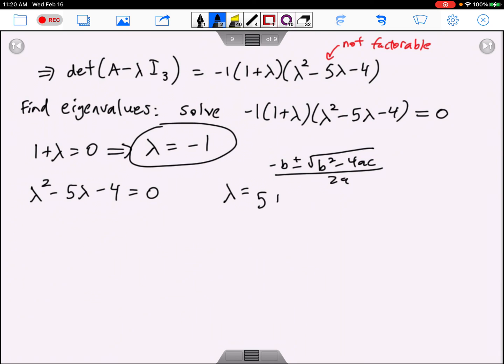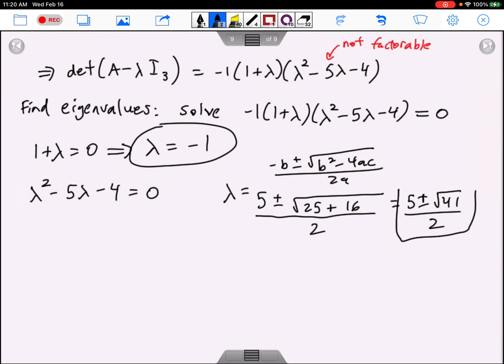So this is going to be 5 plus or minus the square root of b squared, so that's 25, minus 4ac, so plus 16, all over 2. This ends up being 5 plus or minus the square root of 41 over 2. And these are our other two eigenvalues.